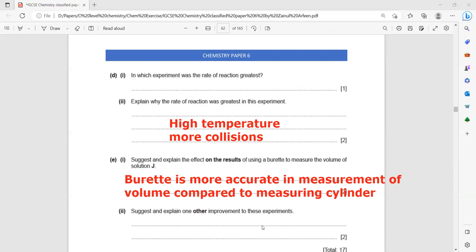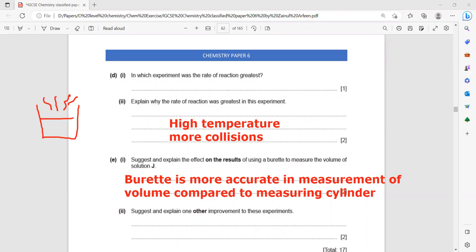Then the last part, suggest and explain another improvement to this experiment. As you can see, when we are carrying out this reaction, we are changing the temperature, doing it at different temperatures. When the mixture is hot, the mixture will lose energy to the surroundings.